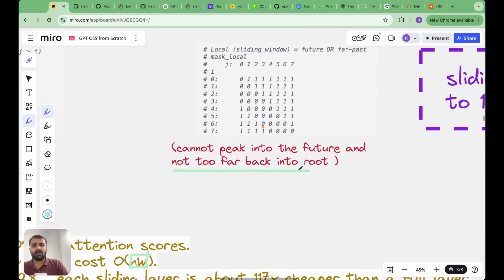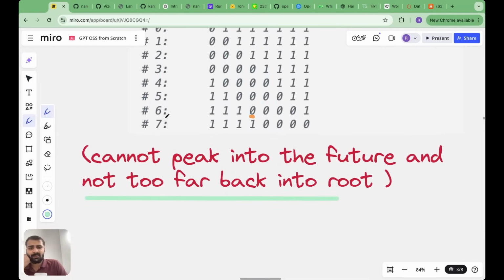So take a look at this token, for example. If we did the normal variation of causal attention, it cannot peek into the future. So it cannot look at this token. That's fine. But now what if we restrict this token from looking too far back into the past? So what if we restrict the token from looking at these three tokens?